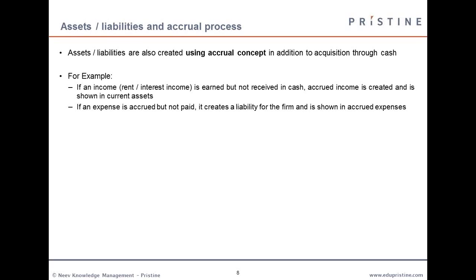For example, if you get an income, say rent or interest, which is earned but not yet received in cash, I have explained these in the last webinar, but the basic funda here is that when the risk is transferred, we say the revenue is earned at that time, whether the cash is received or not. When the risks and rewards are transferred, we recognize the revenue at that time, and we create an accrued income which is shown in current assets.